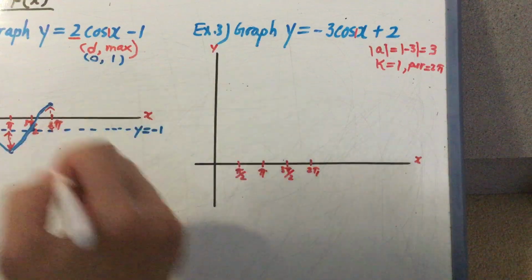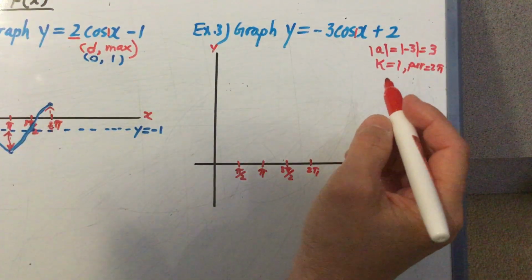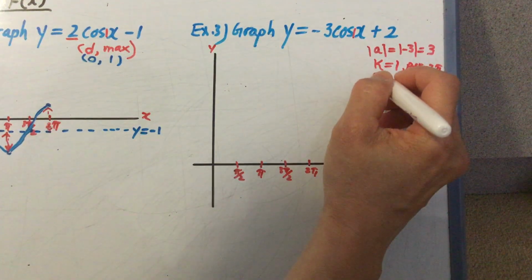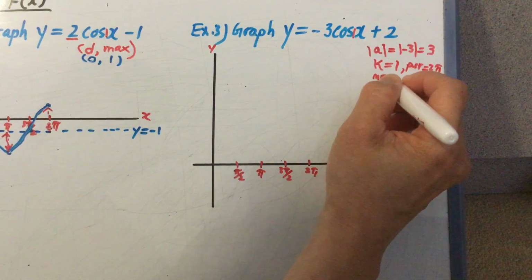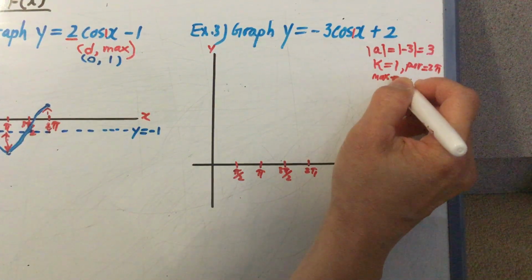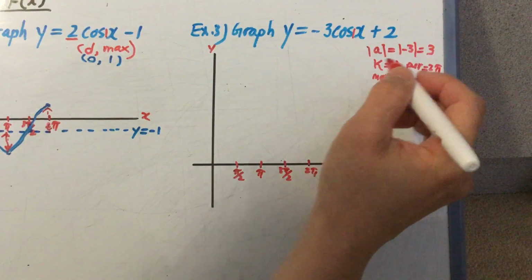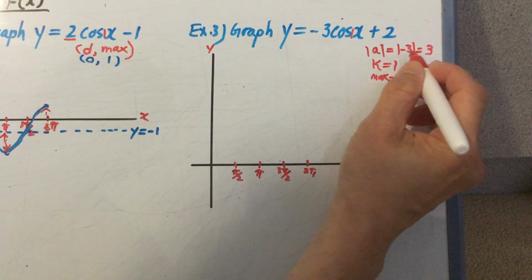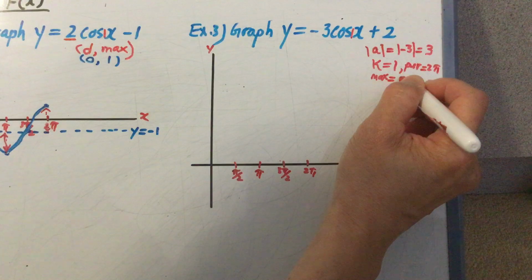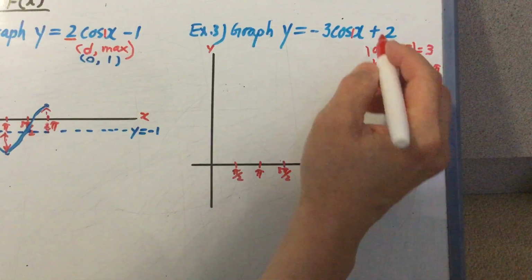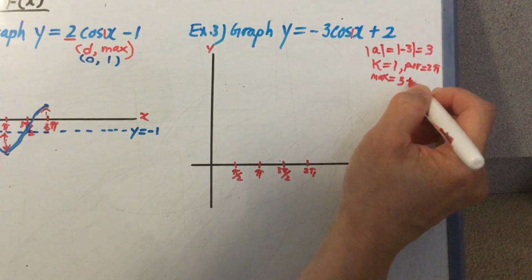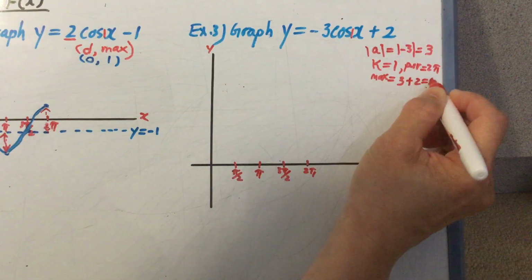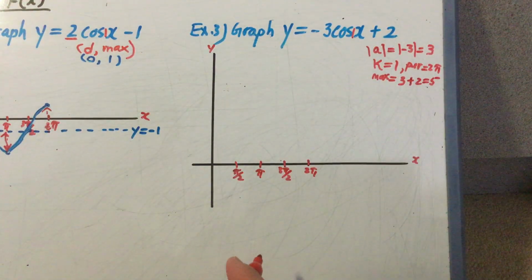But we still need to find the maximum value where the graph goes to, okay? And we have the amplitude of a, which is 3, and the c value is 2. So we have a maximum value of 5, okay?